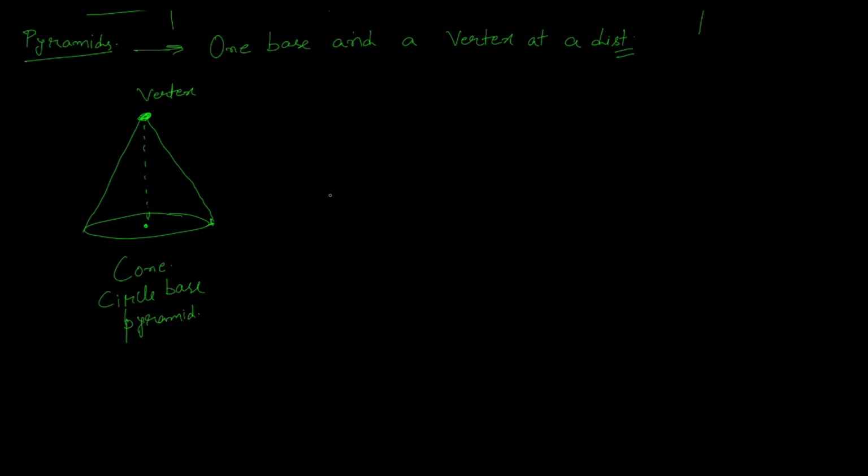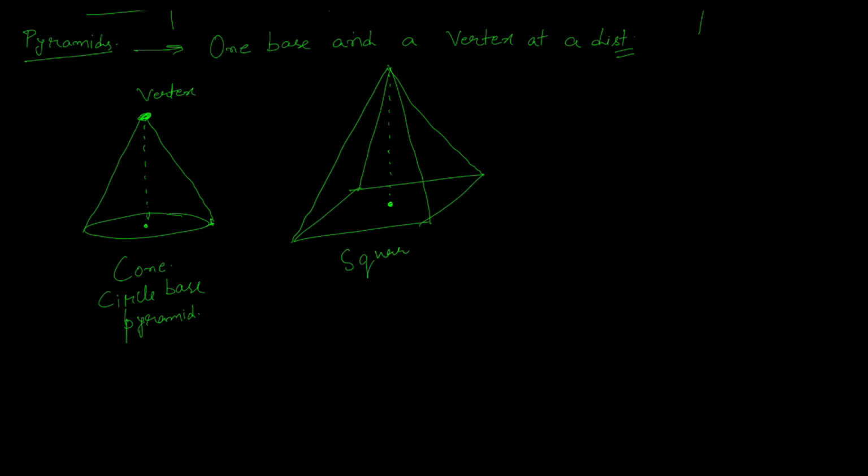For example, if I take a square base and I take a point exactly opposite the point of intersection of diagonals and join all the corners of the square, you see I get a square base pyramid, right?